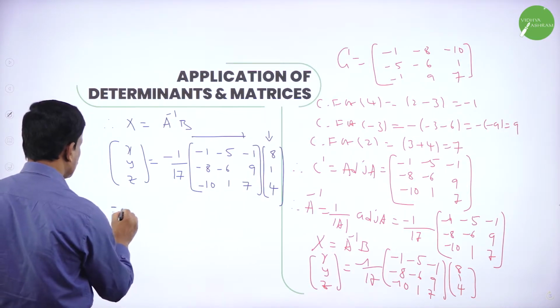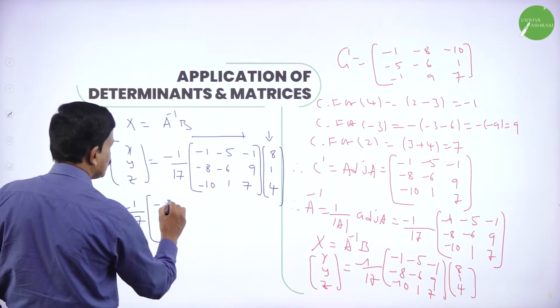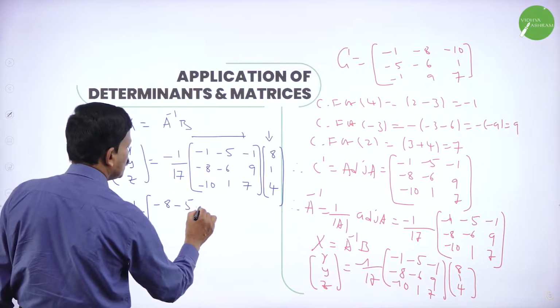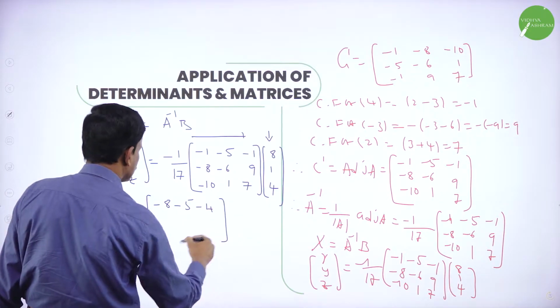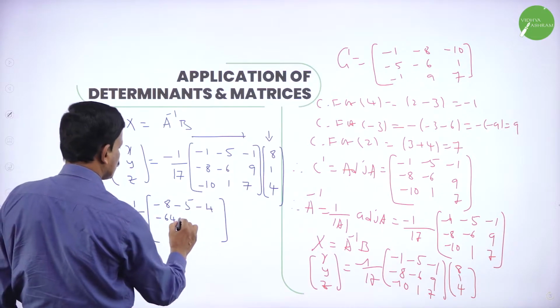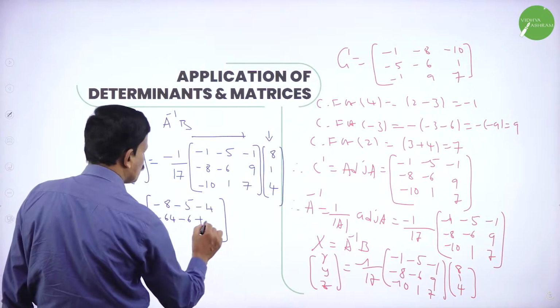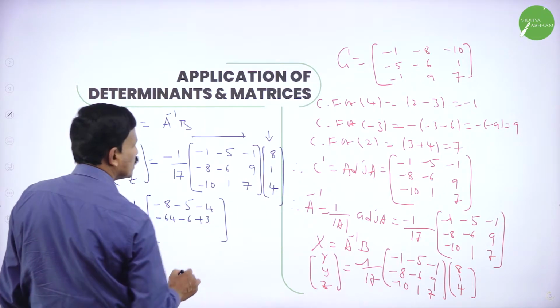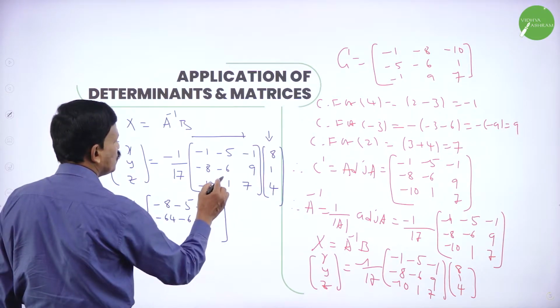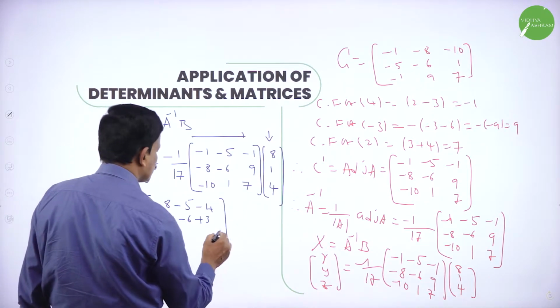You can multiply it. Minus 1 over 17 into 8 ones are 8, minus 5 ones are 5, minus 4 ones are 4. 8 eights are 64, minus into plus minus, minus 6 ones are 6, plus 9 into 4, 9 fours are 36.